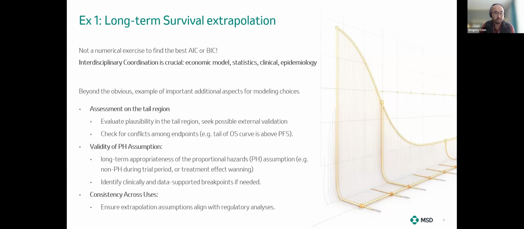How are we going to assume the treatment effect winding down across time? These are the conversations that we will possibly need to engage in with clinical and medical affairs, together with economists and statisticians, because it could also have a ripple effect on what kind of assumption the regulatory side is working on.